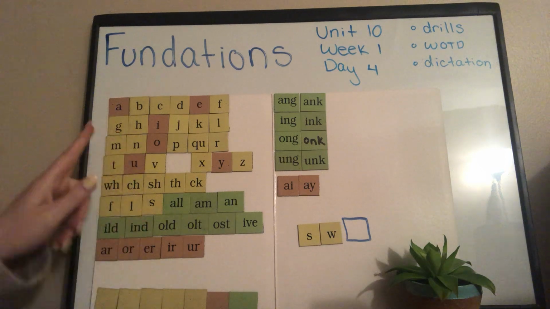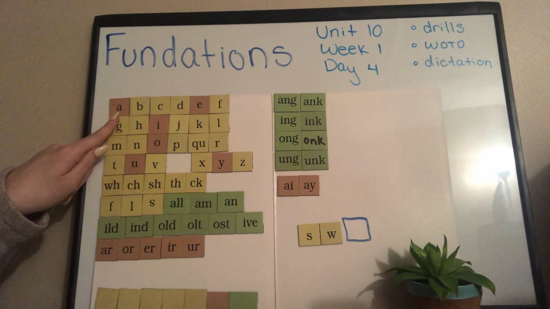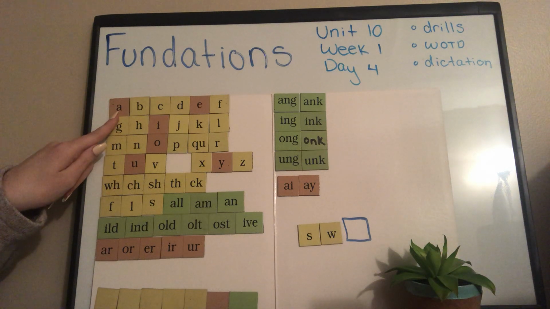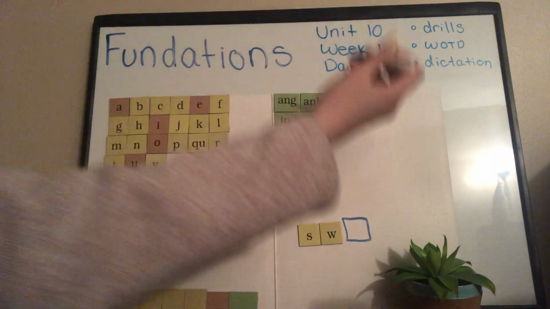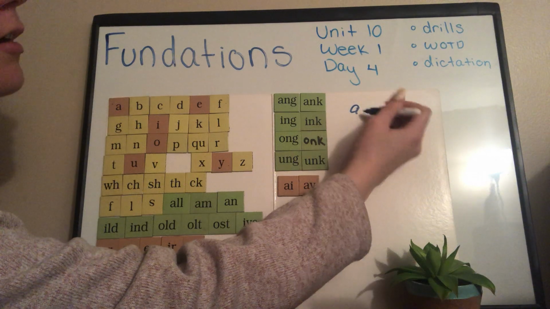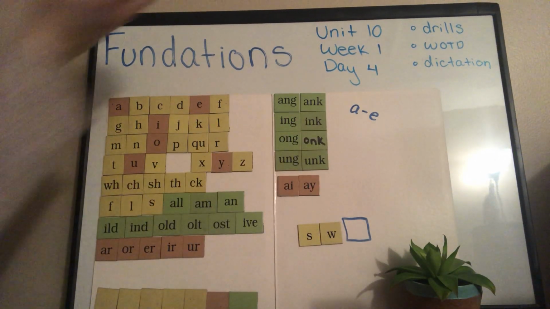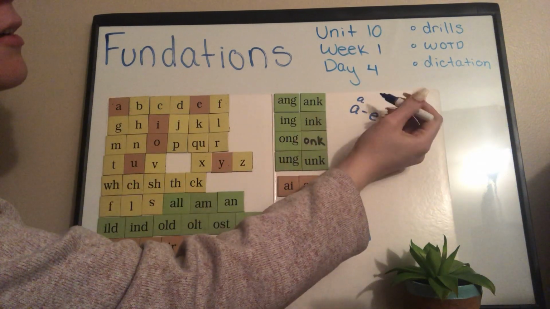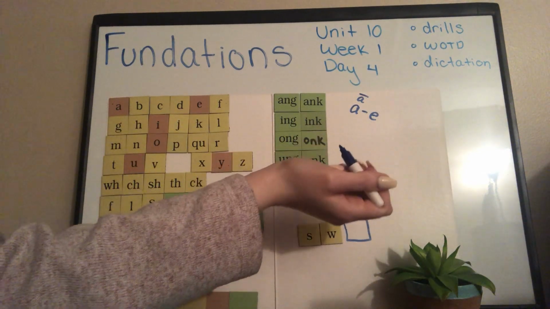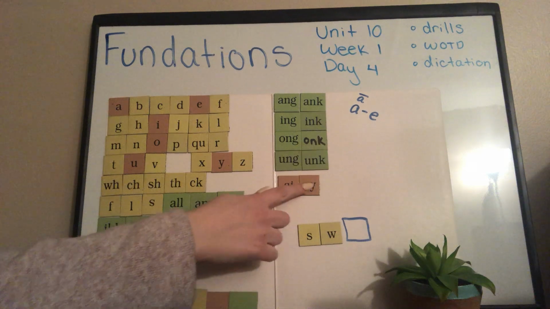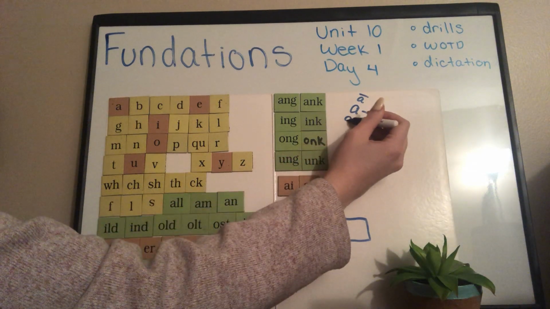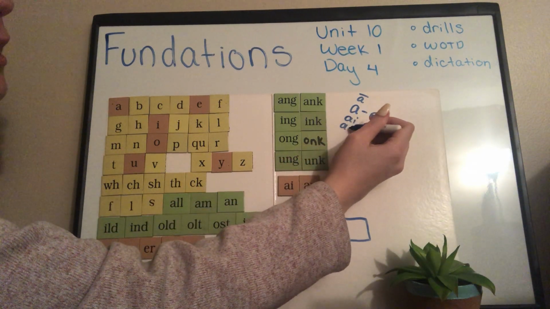It can either be an open A, like an acorn. It could be a vowel consonant E, like in the word safe. Just write them all down here. Or it could be our 2 vowel teams over here, AI or AY.